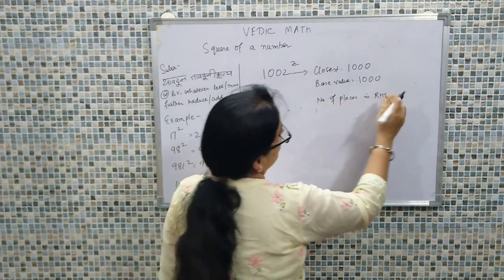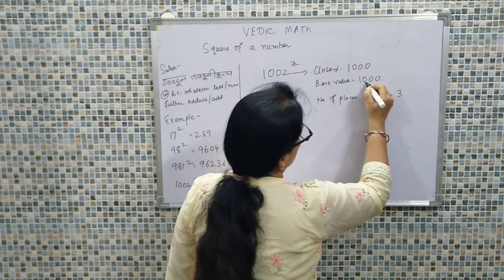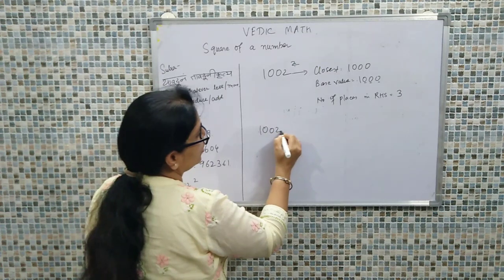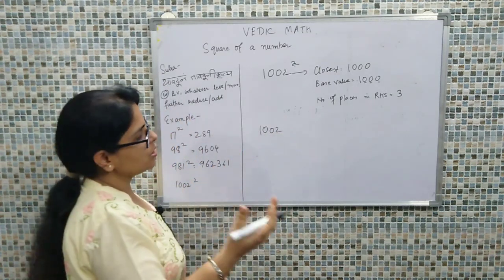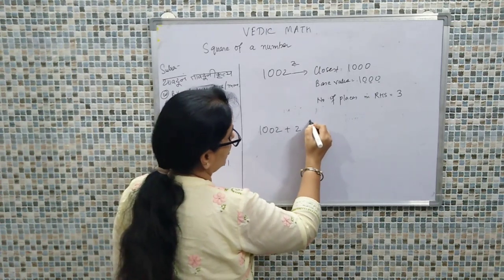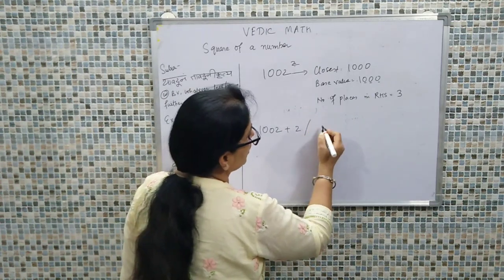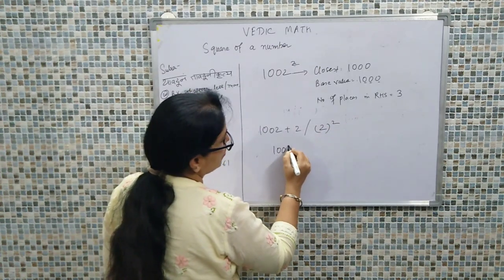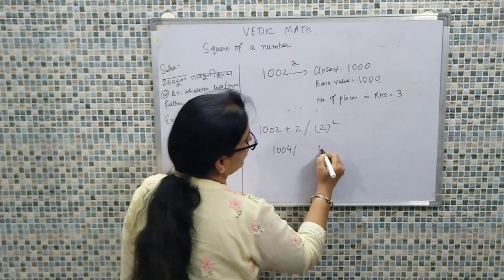Number of places in the RHS will be 3 because here we have 3 zeros. So we have 1002. How much is it more than the base value? It is 2 more than the base value. Oblique RHS में हम क्या लिखेंगे? 2 का स्क्वायर. So we have 1004 oblique 2 2s are 4.